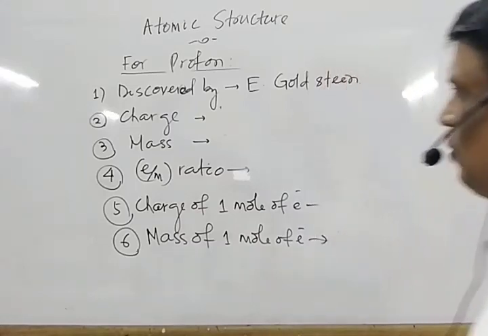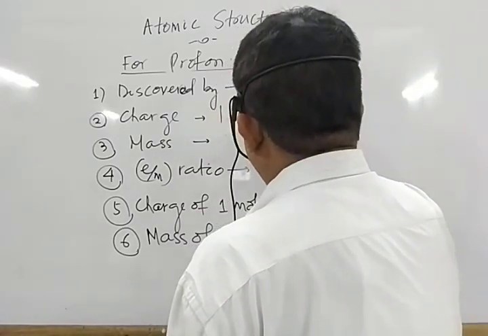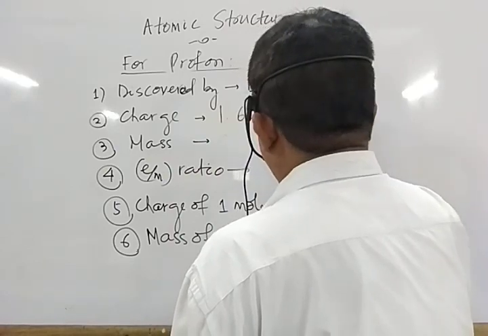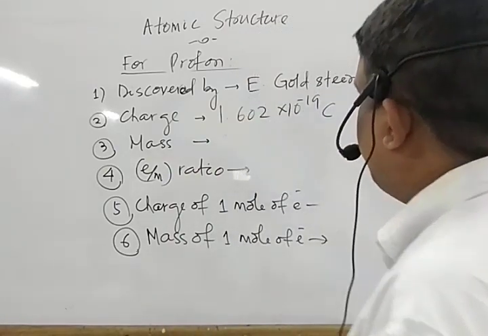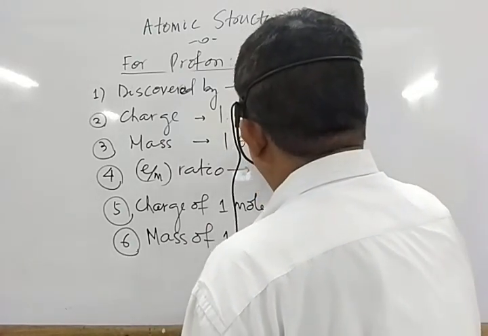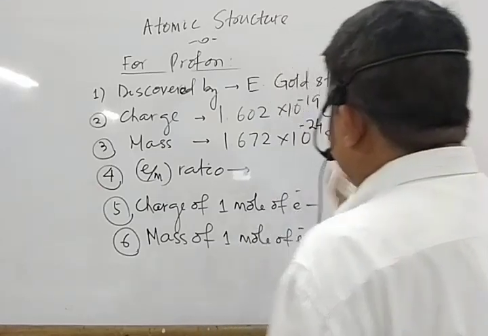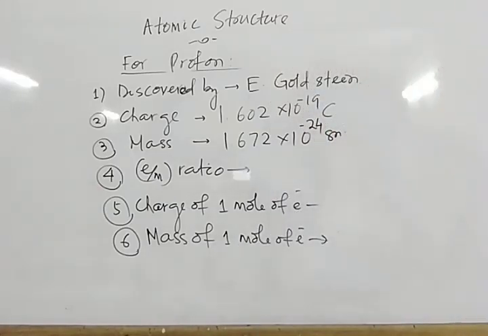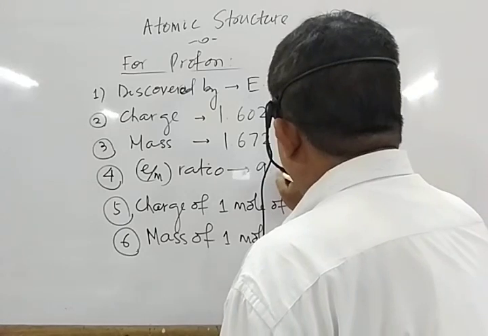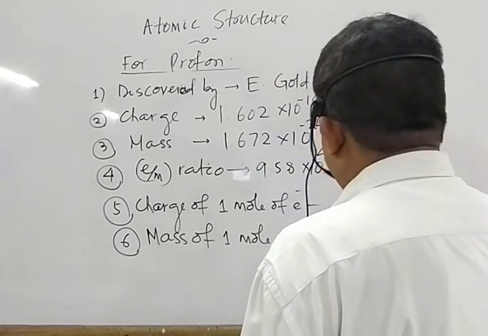Then the charge of one proton is equal to 1.602 into 10 to the power minus 19 coulomb. The mass of a proton is equivalent to 1 AMU, that is 1.672 into 10 to the power minus 24 gram. The next one, charge by mass ratio, is 9.58 into 10 to the power 4 coulomb per gram.